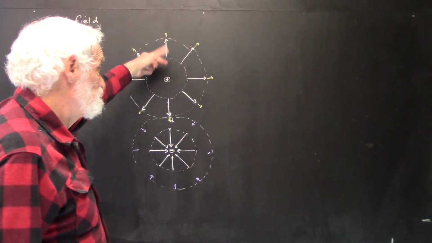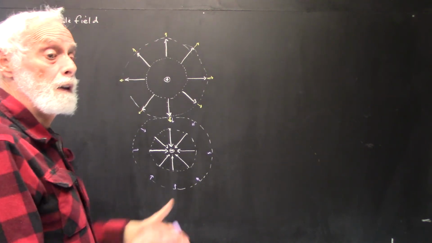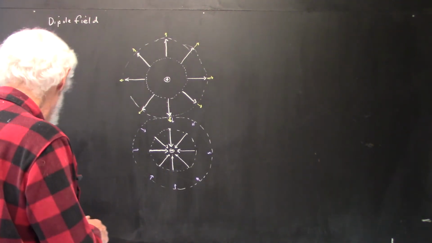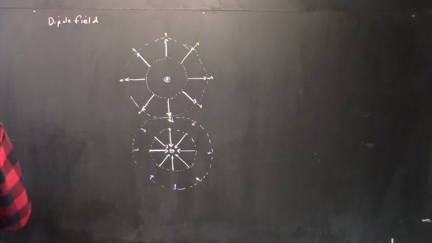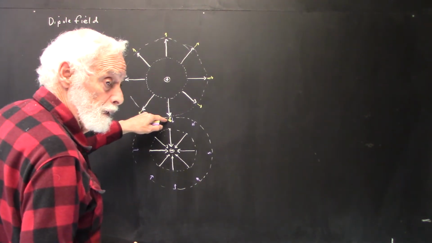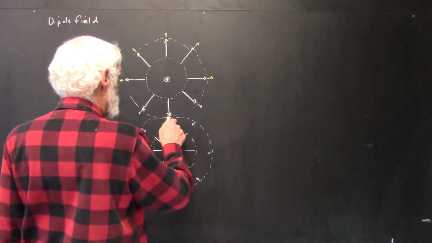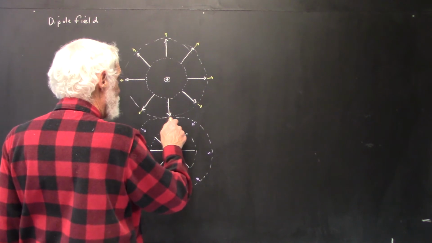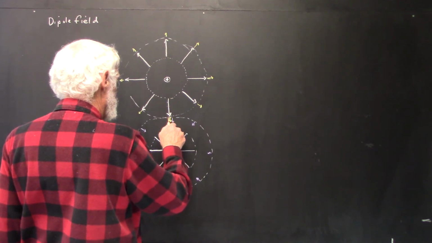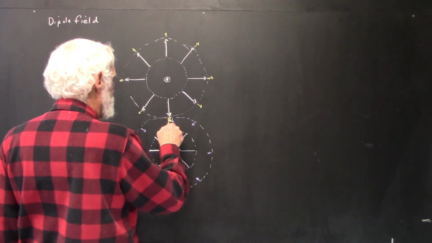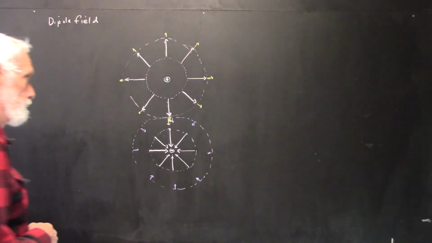at about double the distance of the original. What we end up with at this point, being equidistant between the two, is a field of twice the magnitude of either of these. These two vectors add to give us a vector of about this length.